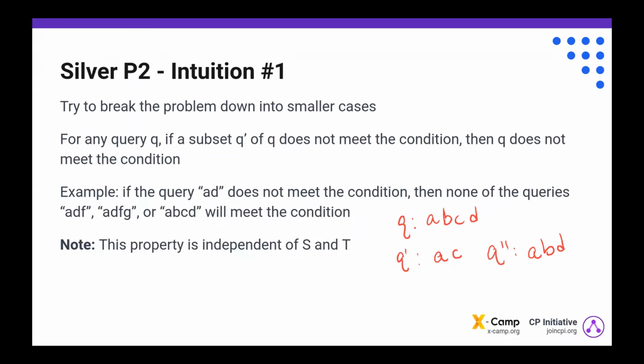For example, if the query AD does not meet the condition, none of these queries ADF, ADFG, or ABCD will meet the condition, right? So it also works in reverse, because if you have any small query, then any query that adds any letters onto that will also fail if the small query fails. Okay. This is our first intuition.